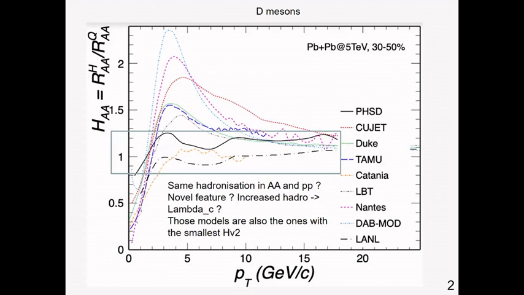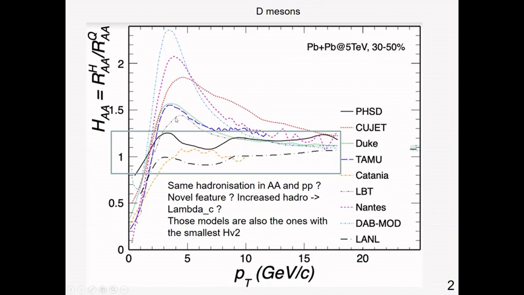I don't have a specific comment for each line, obviously. We heard already from DAB, which is the highest here, and why they could be the highest on this plot, due to the specific ingredients.